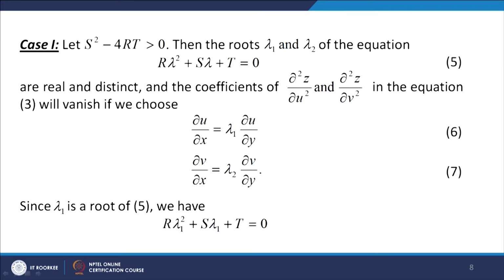The roots lambda 1, lambda 2 of this equation are real and distinct, because this is a second order equation in lambda, and if the discriminant s square minus 4rt is greater than 0, the roots will be real and distinct, and the coefficients of del square z over del u square and del square z over del v square in equation 3 will vanish.